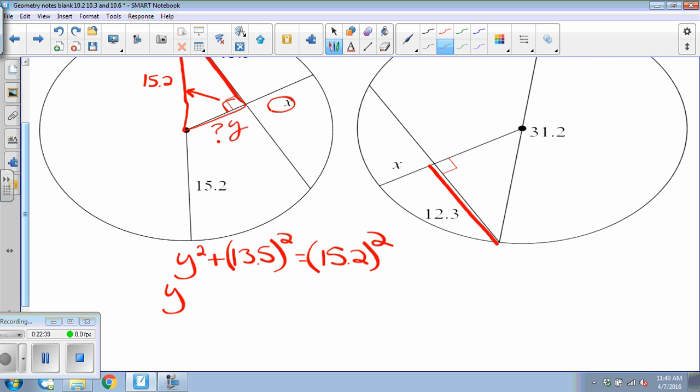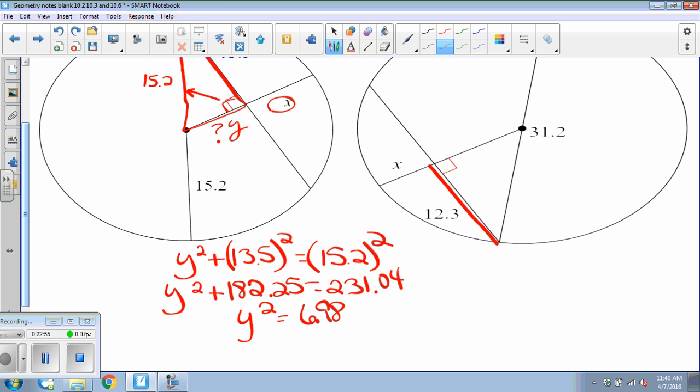So we have y squared plus 182.25 equals 231.04. Subtract that from both sides, so y squared equals 48.79. We take the square root of both sides, so y is approximately 7.